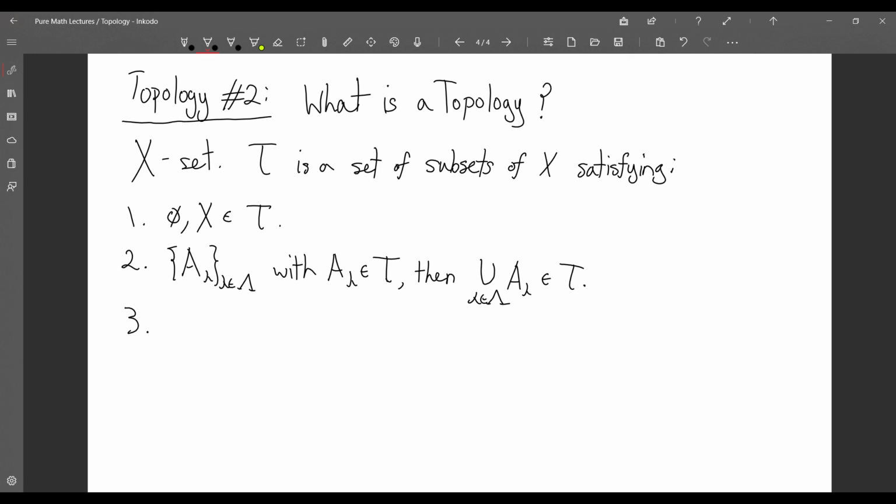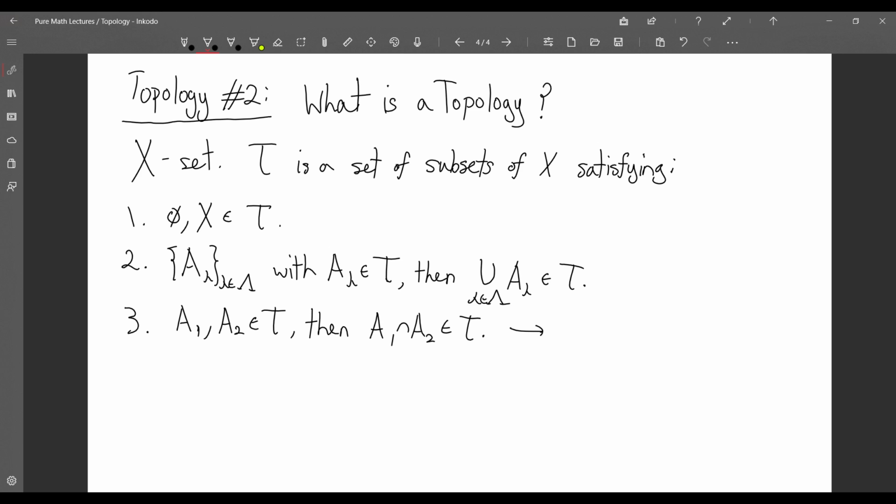On the other hand, the third condition says that if I have two sets in T, then A1 intersect A2 is in T. So this is a lot weaker, right?